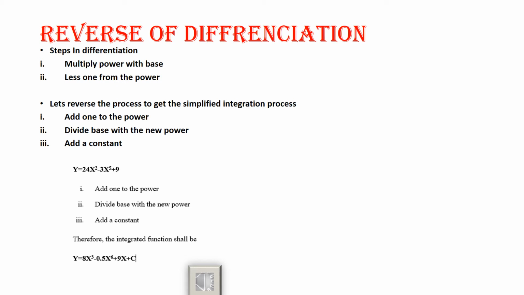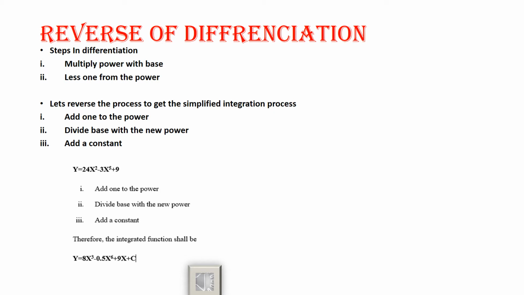A clear example, let's integrate the function where we've been given that y is equal to 24x squared minus 3x raised to power 5 plus 9. Of course, we are following the steps in integrating. That is, add 1 to the power, divide the base with the new power, then add a constant. Let's go.